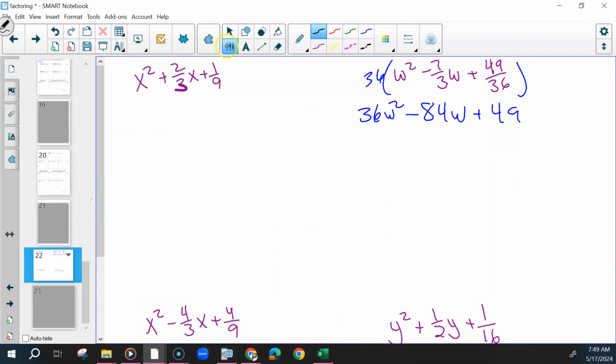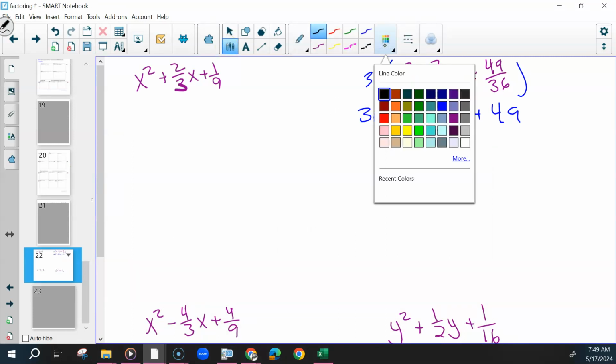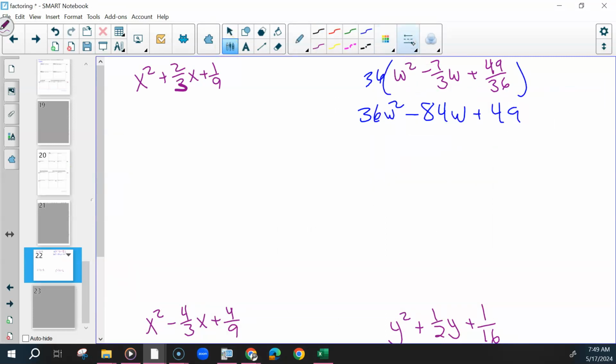So then we would follow our A equals 1 steps by multiplying 36 and 49. Yes, it is a huge number. We need to find two numbers that multiply to be that, but add to be negative 4.